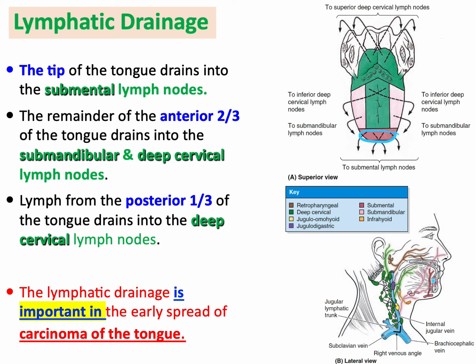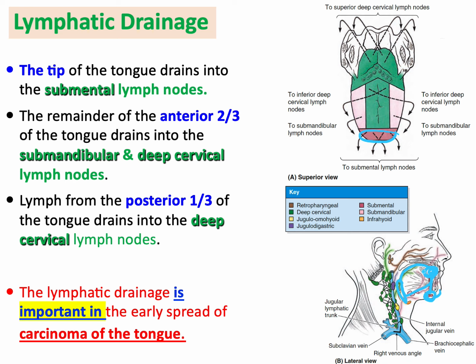Again, let me draw the tongue for you here. Okay, this is the anterior 2/3, I would say, and this is the posterior 1/3 of the tongue. So the tip of the tongue drains into submental lymph nodes. Those, you have an idea about it. The submental, just under your chin here in the front, these lymph nodes are known as submental lymph nodes.